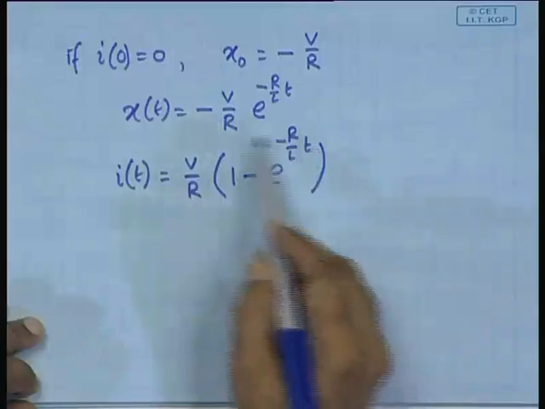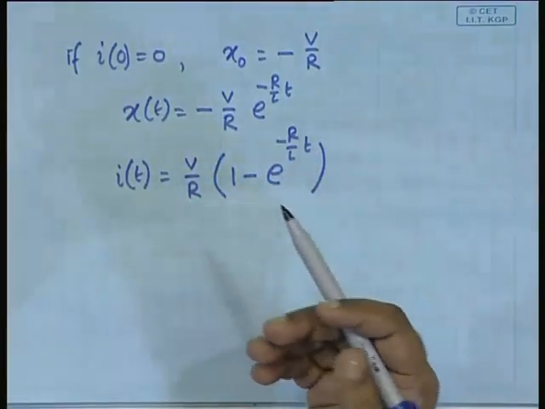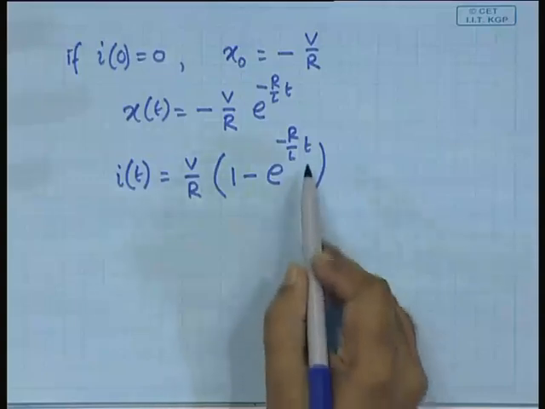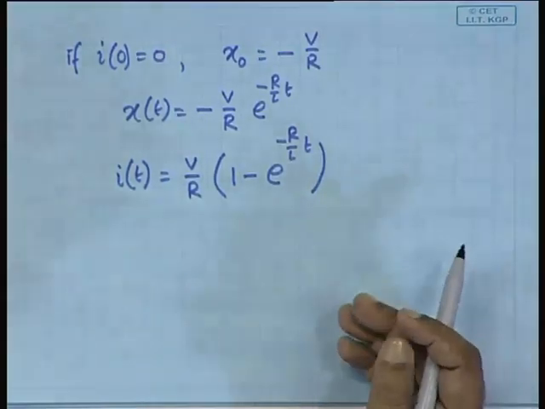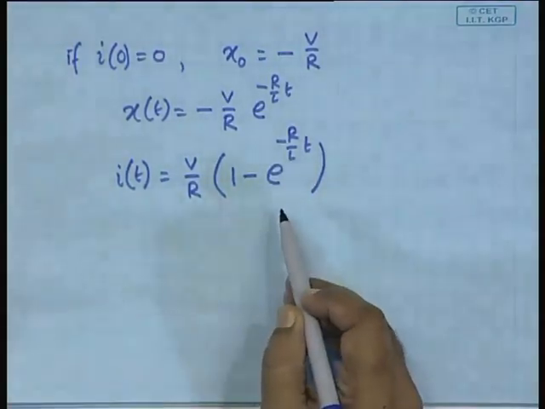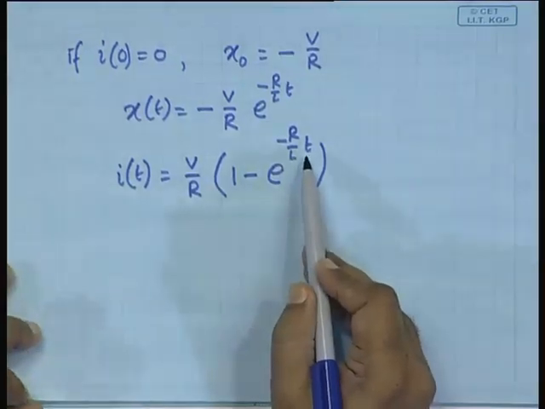For example, what will be the solution like? This solution, how will be the graph like? At t is equal to 0, it will be 1 minus 1, right, 0 has to be 0, and when t is equal to infinity, v by r.